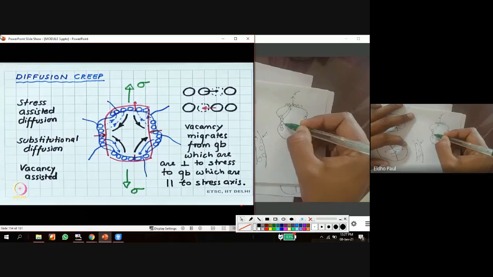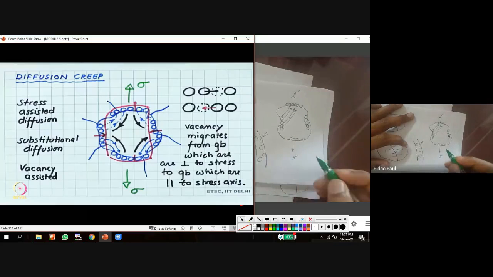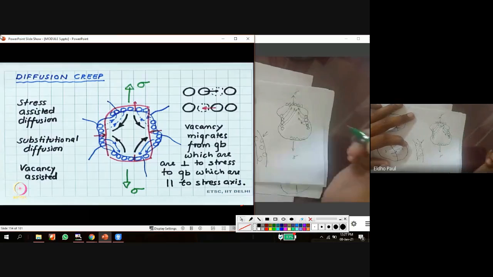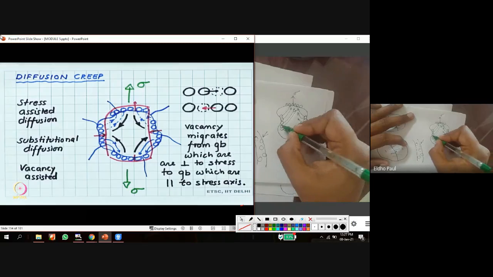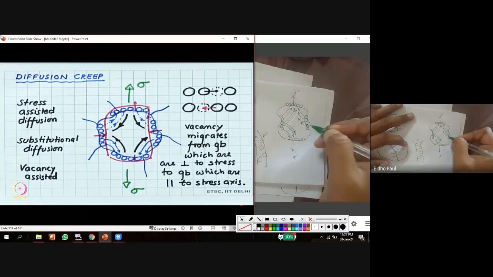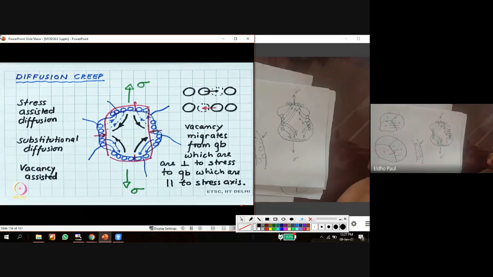So atoms will move in this direction. Similarly, here also the atoms move in this direction, and similarly in this direction also, to the bottom. Some atoms move in the bottom direction and some atoms to the top area.